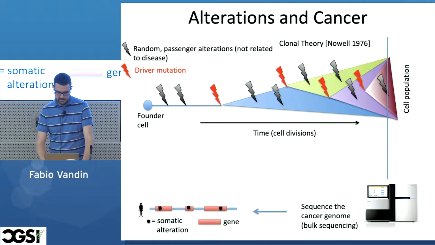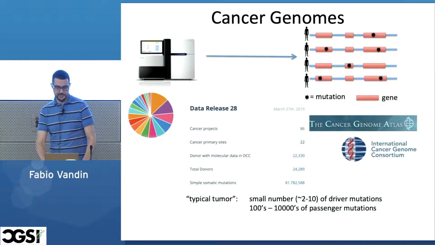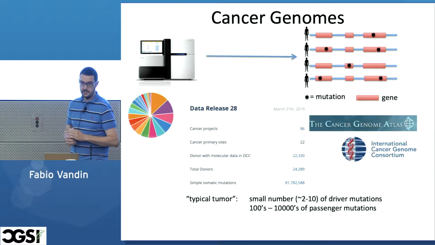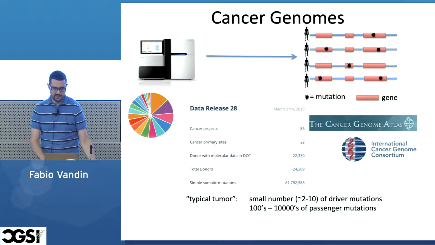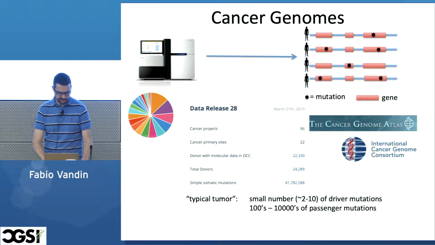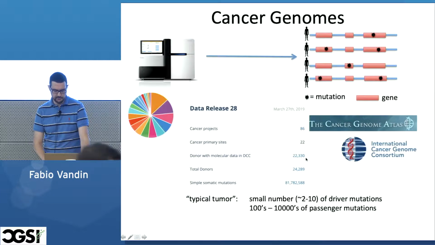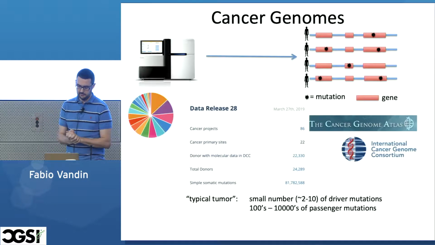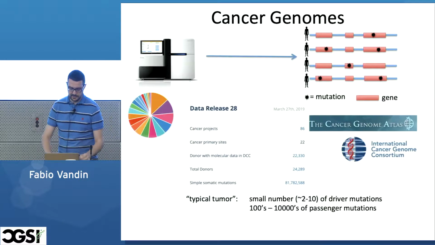Recent studies, like the studies from TCGA or the International Cancer Genome Consortium, have analyzed a large number of tumors. I guess the latest release from the ICGC now gives access to more than 20,000 tumor samples, and using these we can try to understand mutations in cancer.